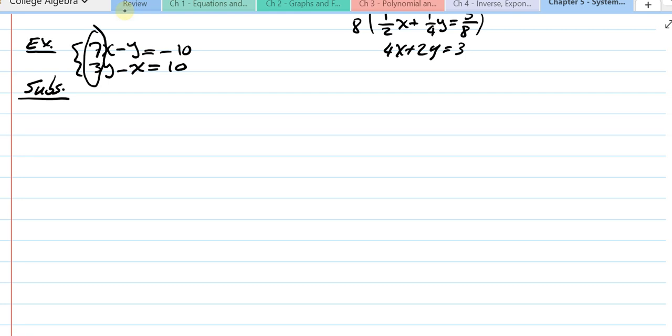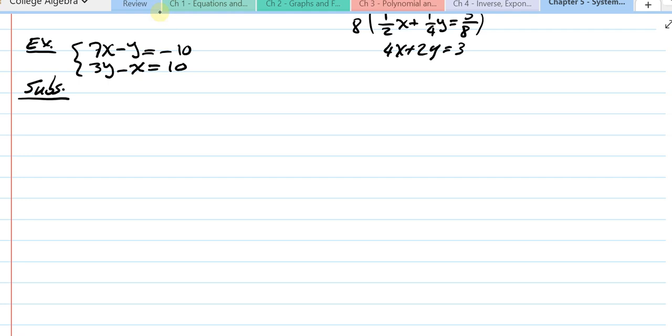We could solve for variables that have other than 1 as the coefficient in front of them, but that will introduce fractions into the system, and I'm sure I haven't met a student yet that likes fractions. So chances are you don't like fractions. Personally, I don't care for them either. So, again, you have a choice of x or y, and it really doesn't matter, especially for this example.